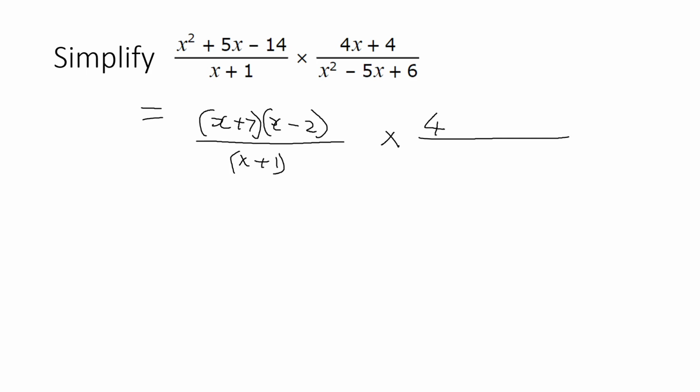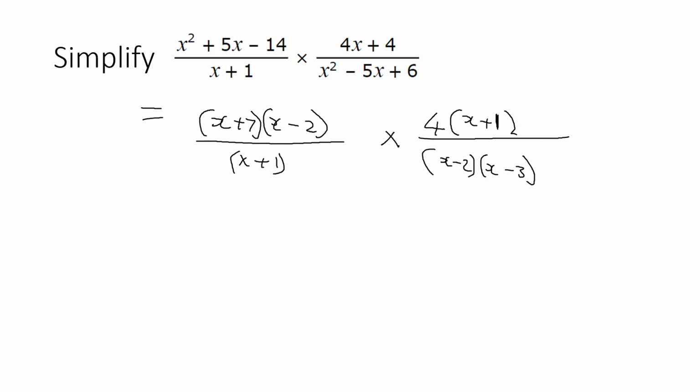We can factor out 4. Oh, sorry. This is going to be 1. And then what's a number that adds up to make minus 5 but multiplies to make 6? Minus 2 and minus 3. So we can say that this is x minus 2, x minus 3.